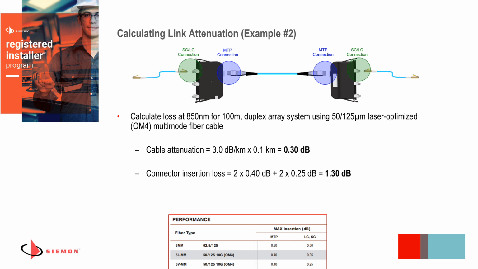So in this case we have 2 MPO connectors at 0.4, and 2 LC connectors at 0.25, for a total of 1.30 dBs. Because we don't have any splices in this particular installation, the total link attenuation is simply the cable attenuation plus the connector insertion loss. So 0.30 dBs plus the 2 plug-and-play modules combined at 1.30 dBs for a total loss of 1.60 dBs.